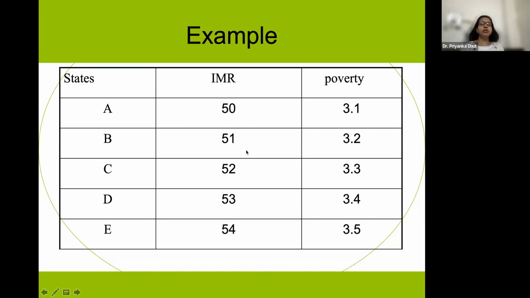Because both the variables are continuous in scale, we can apply the correlation value and identify the type of relationship, direction of the relationship and the strength of the relationship. Is it okay? Correlation.